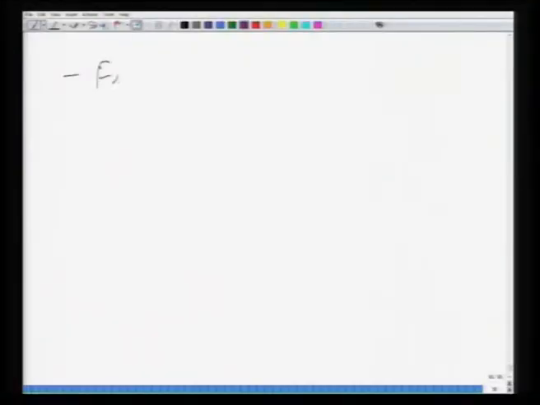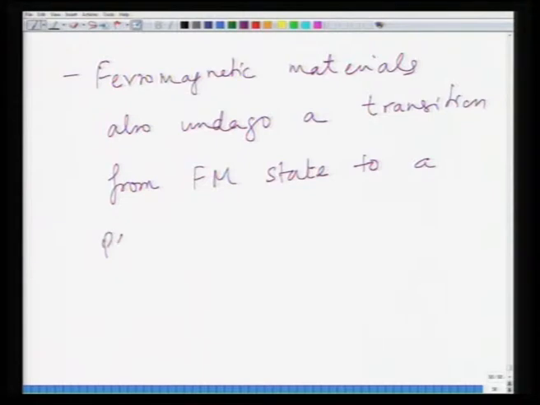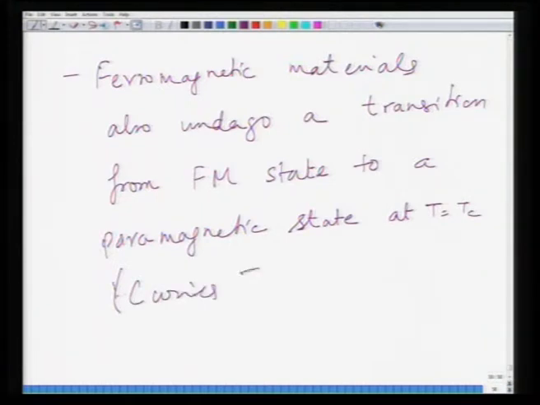So, ferromagnetic materials also undergo a transition from a ferromagnetic state to a paramagnetic state, or you can say a non-magnetic state, because paramagnetic is non-magnetic in the absence of applied field, at a temperature T equal to Tc, and this is called the Curie temperature.